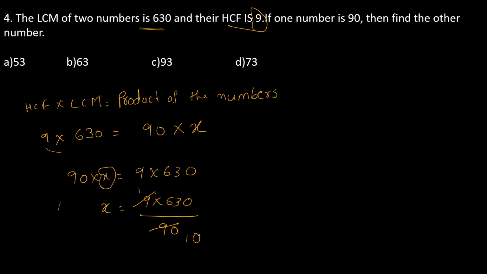Okay. Next, in 10 table, we have to cancel 630. 63 times, right? 10 ones are 10. 10 63s are 630.